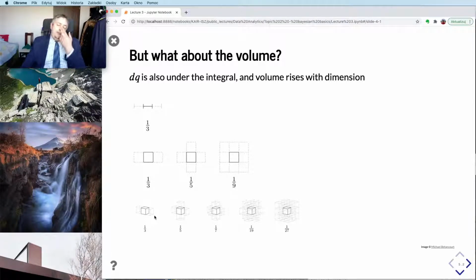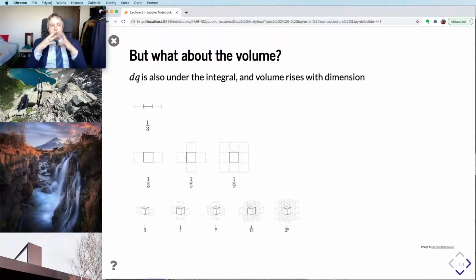And if we go to the third dimension, then again we have both sides: left, right, top, bottom, front and back, and then our middle cube, consisting of values close to the maximum, becomes 1/27.